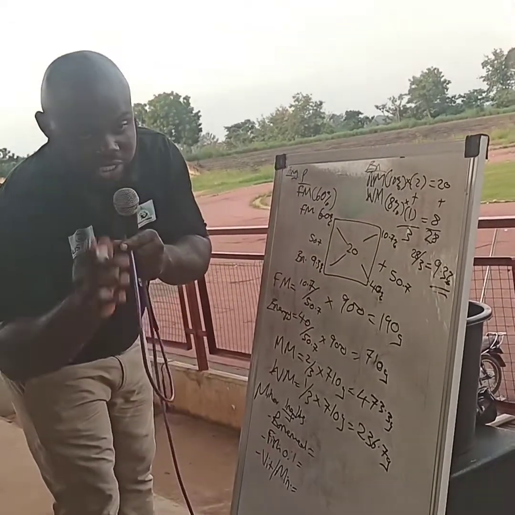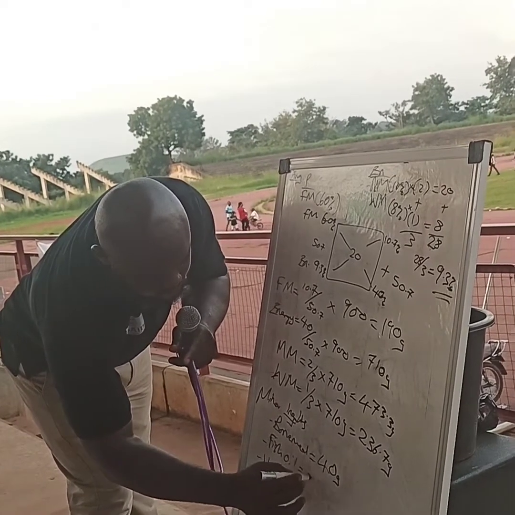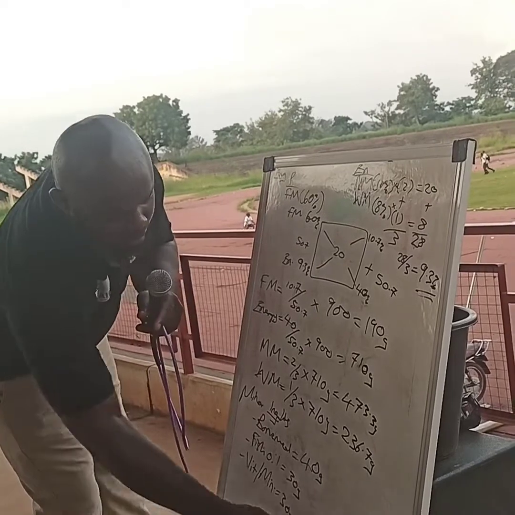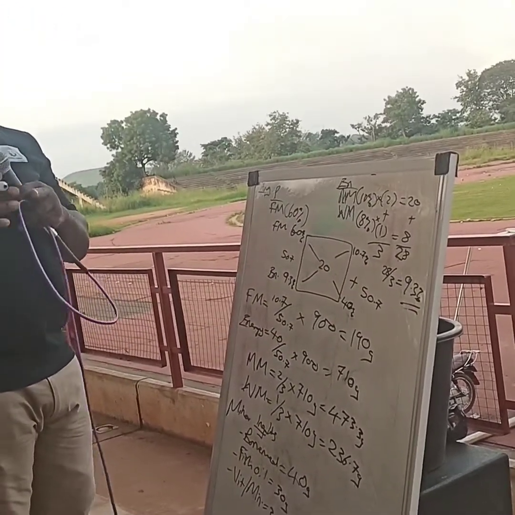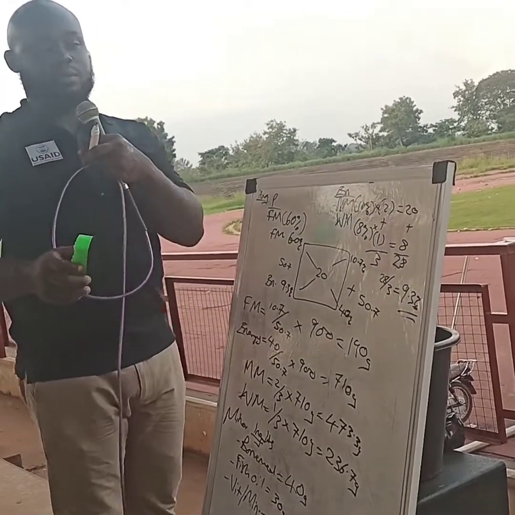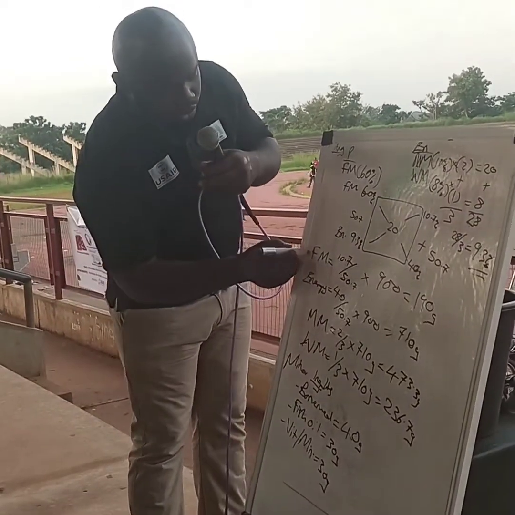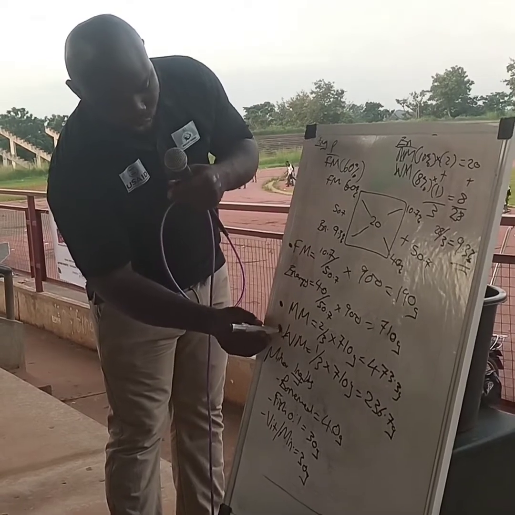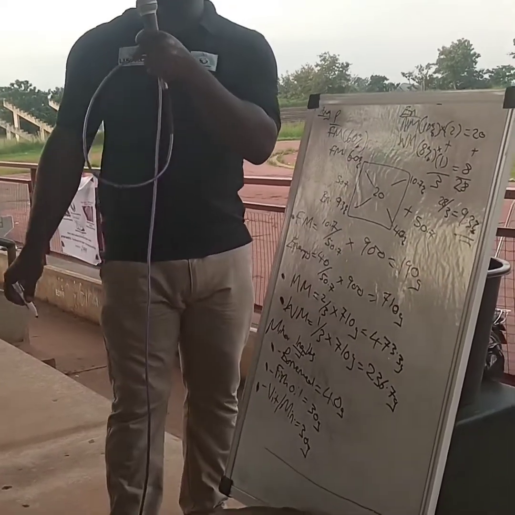Which is 4/10, 3/10, and 3/10. So 40 grams, 30 grams, and 30 grams. These are what we are going to mix: fish meal, maize meal, wheat meal, bone meal, fish oil, and vitamin and mineral premix.